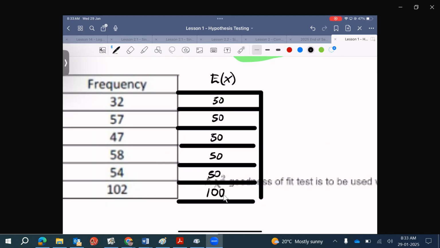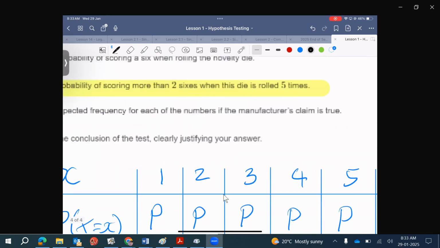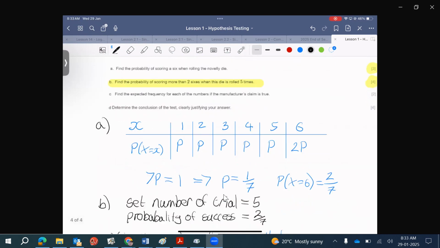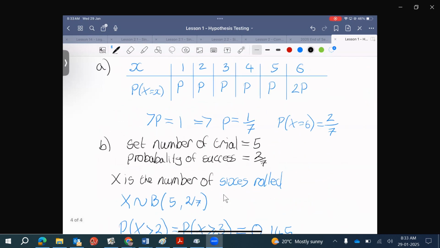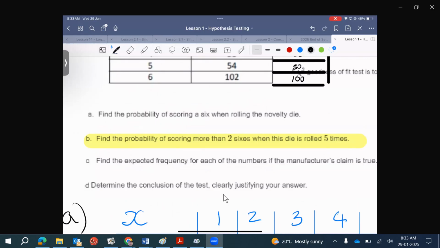So using these two values, type them into your lists in your calculator, and we need to find the conclusion to the test, justifying the claim or not. So find the p-value.